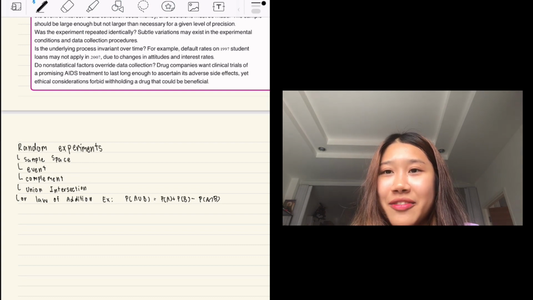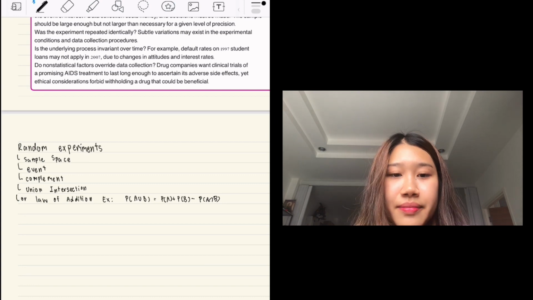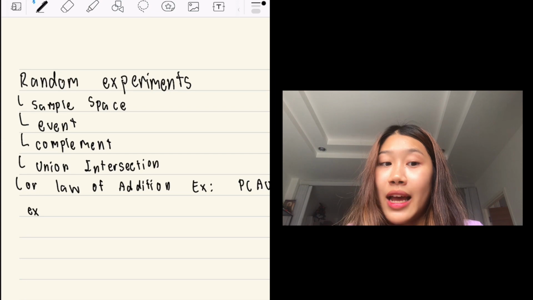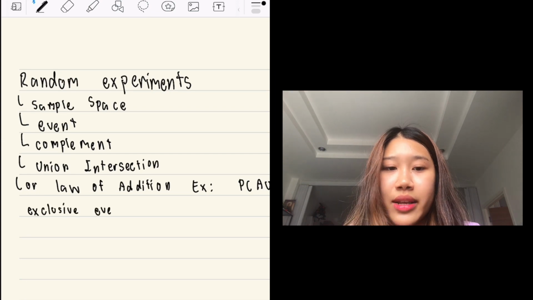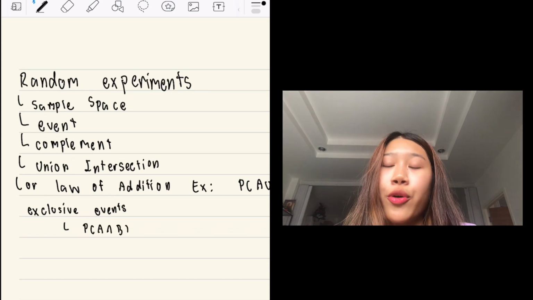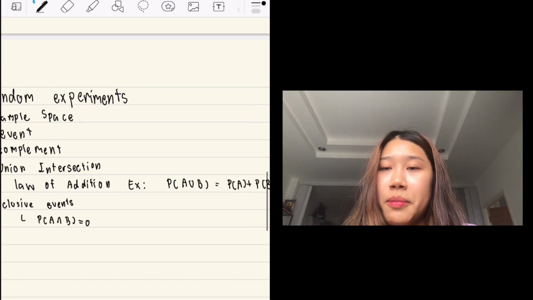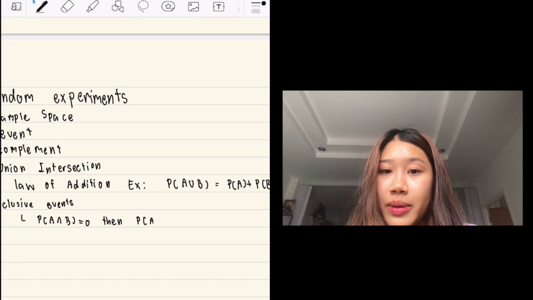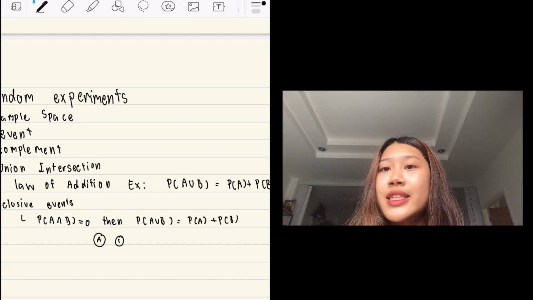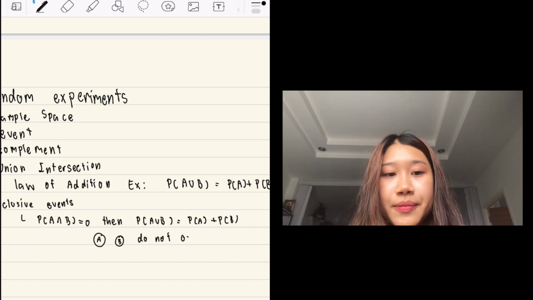I think you have already understood it. There are also mutually exclusive events: when the probability of A intersection B equals 0, then the probability of A union B equals the probability of A plus B, because A and B do not overlap.